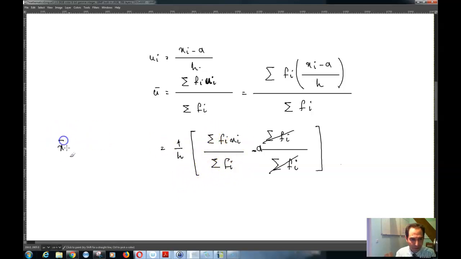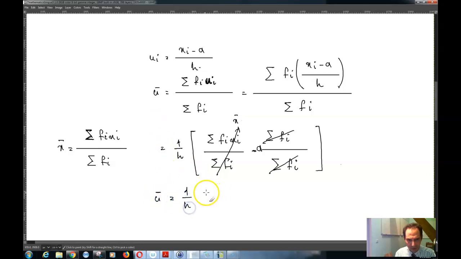We said that x bar is equal to sigma f of i x of i divided by sigma f of i as i goes from 1 to n. So this is nothing but x bar. That means that u bar is equal to 1 divided by h times x bar minus a, right?